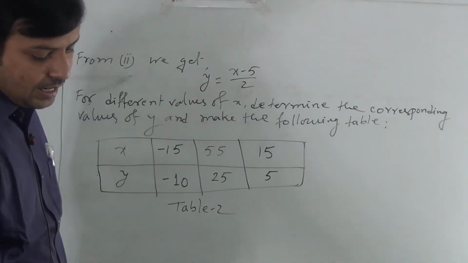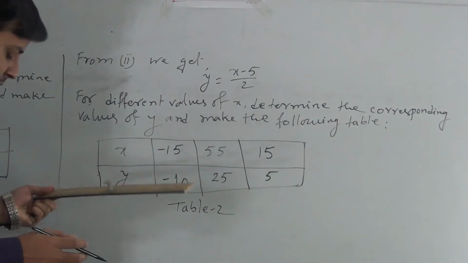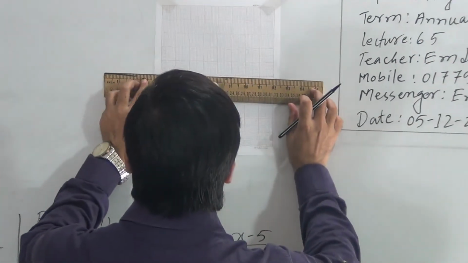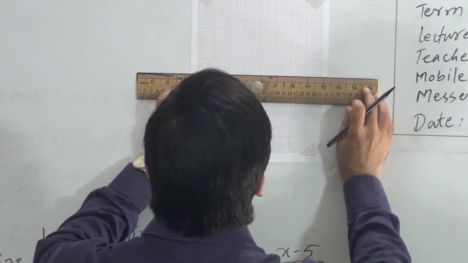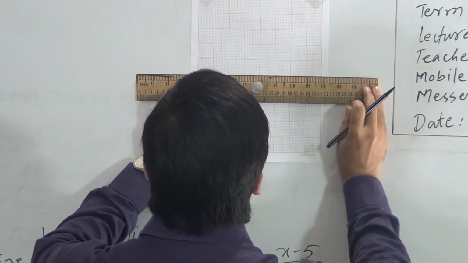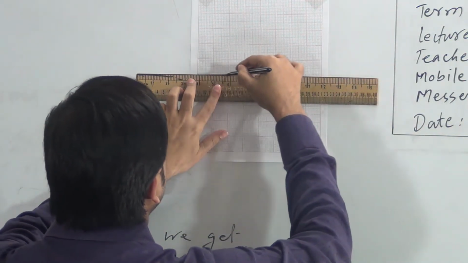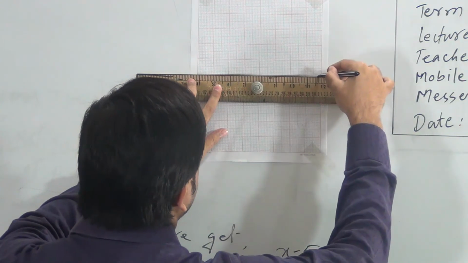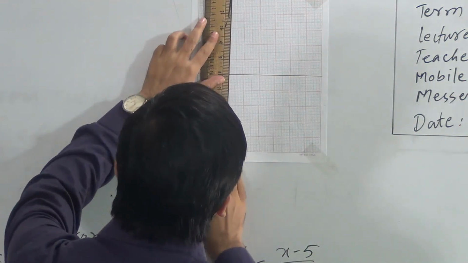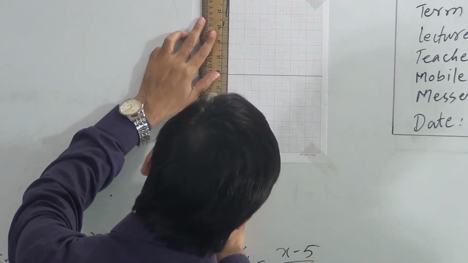At first I have to consider 2 perpendicular axes, x-axis and y-axis. X, O, x dash means x-axis.